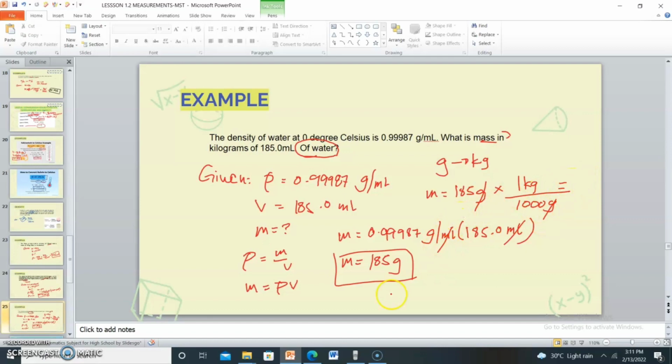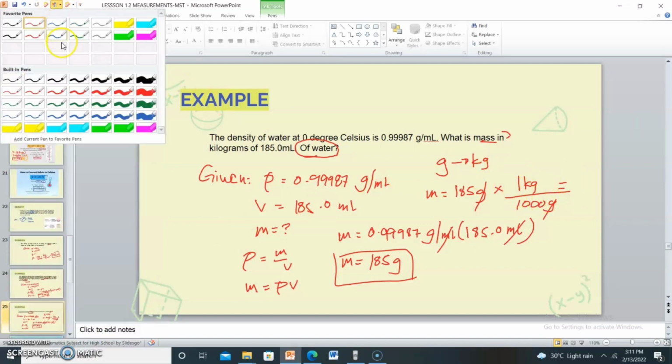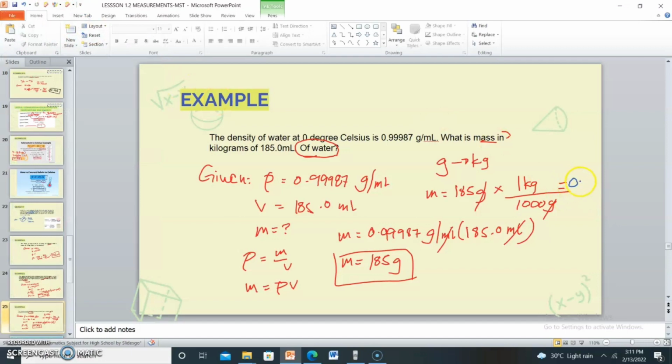The answer is 185 times 1 over 1,000, equals 0.185 kilogram. That is the answer.